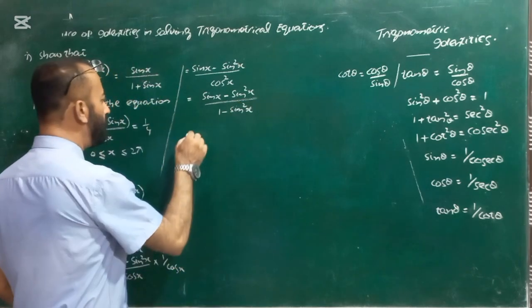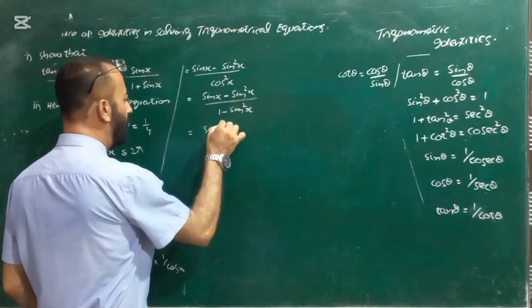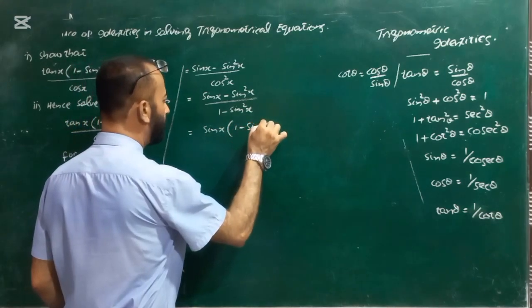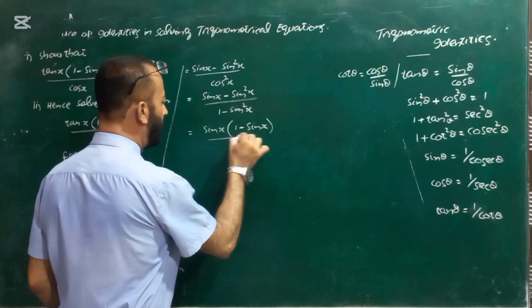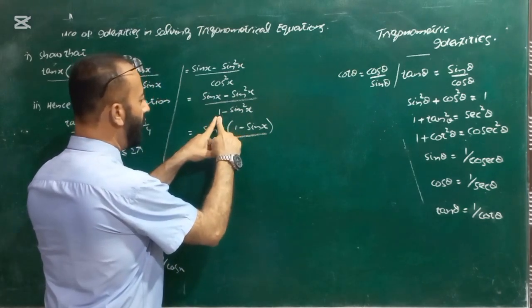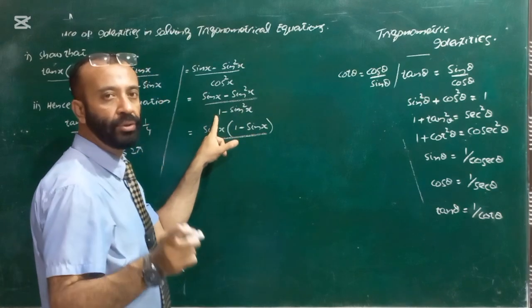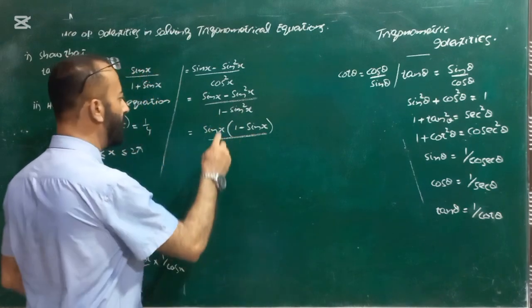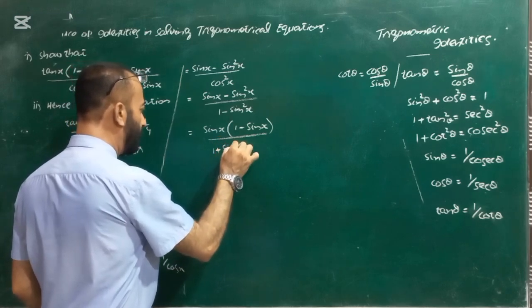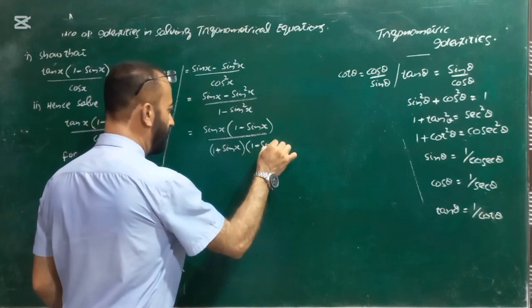Okay. From this step, take sin x common from the numerator. So sin x into 1 minus sin x, and in the denominator there are two squares, between them is minus, so the a² minus b² formula will be applied, which is equal to a plus b into a minus b. So in the denominator, it will become 1 plus sin x into 1 minus sin x.